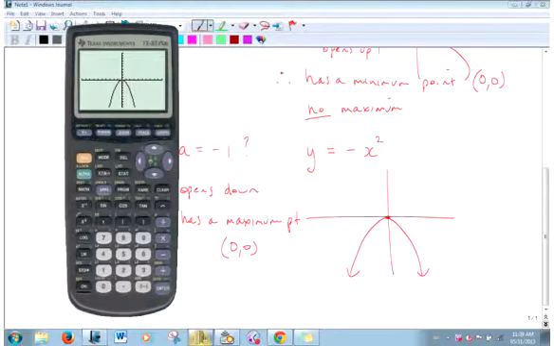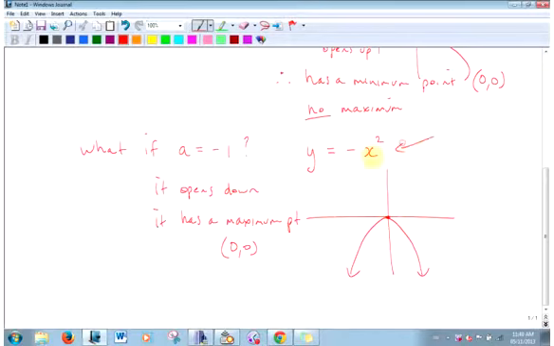But what's the minimum? It goes down forever and ever. What's the largest possible number you can think of? Remember, order of operations, you square it first, then put a minus in front of it. Infinity squared, still infinity. Negative infinity. This goes down forever and ever. It has no minimum.